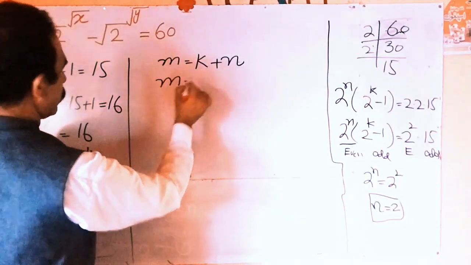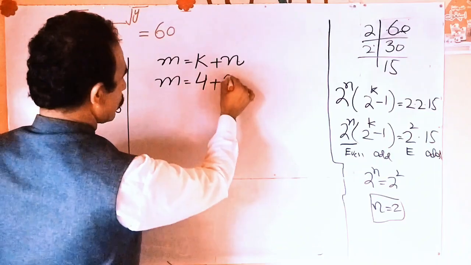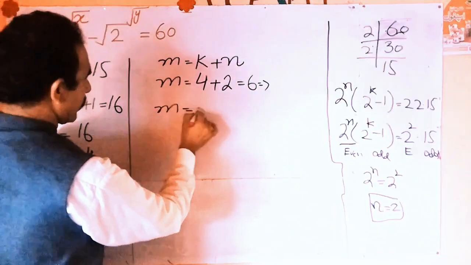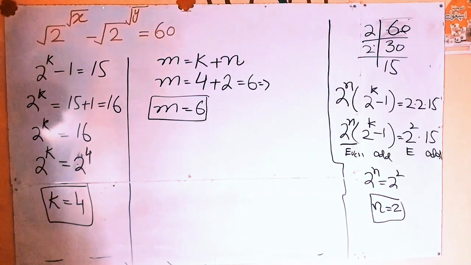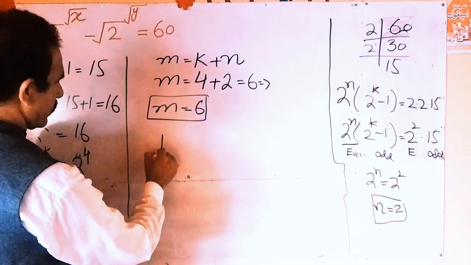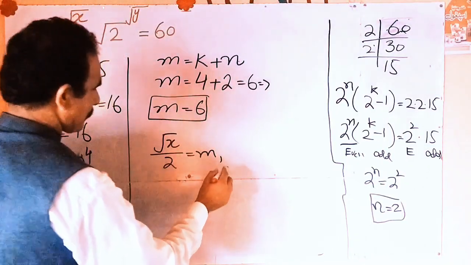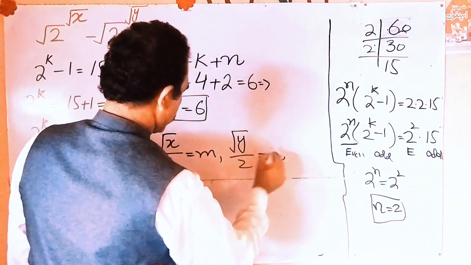We have k is 4 and n is 2, so m is equal to 6. x square root over 2 is equal to m, and y square root over 2 is equal to n.